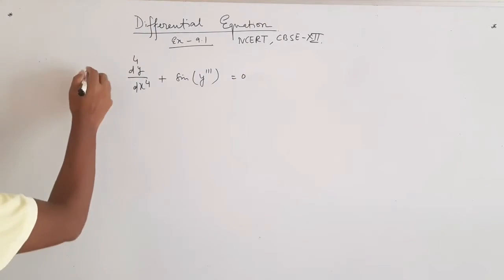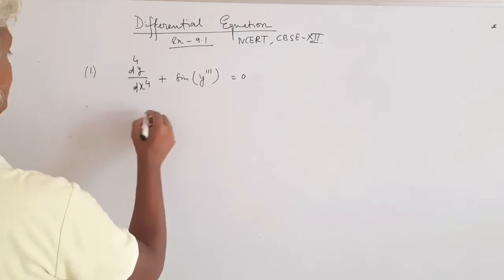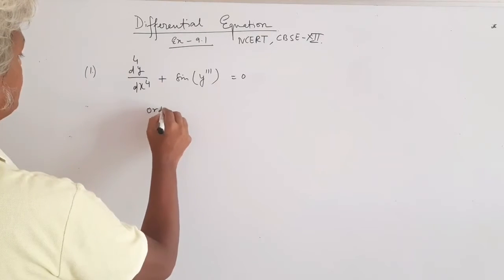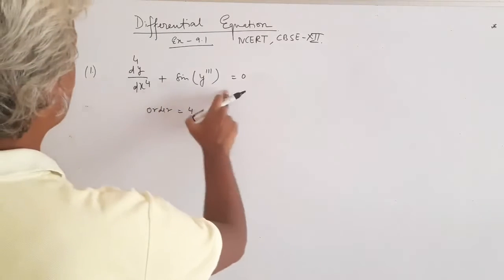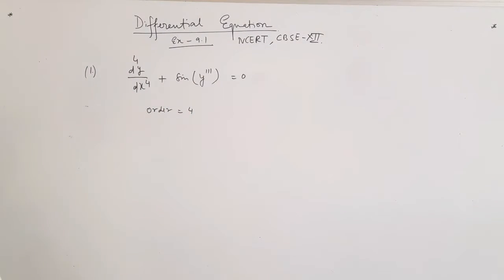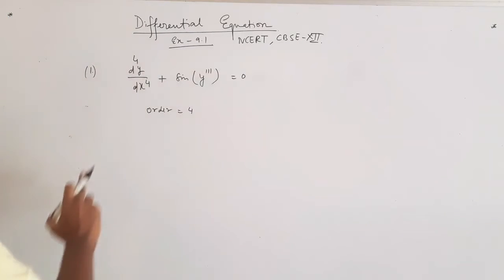Means what is the highest order of the differential coefficient? This is 4. So the order is 4. But we need to express this in the standard polynomial form, where I cannot express this, get rid of this y triple dash.